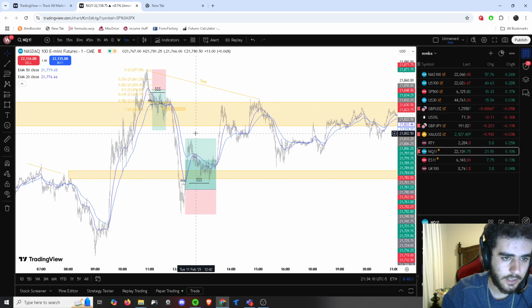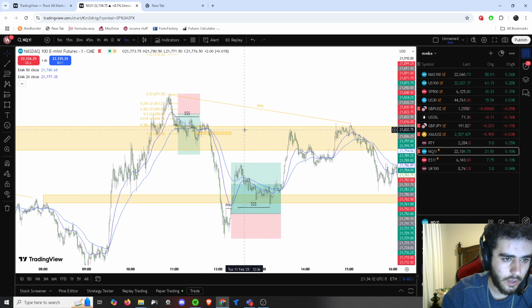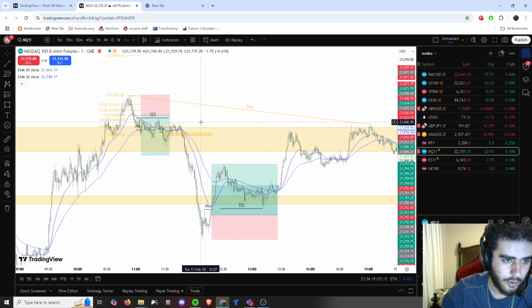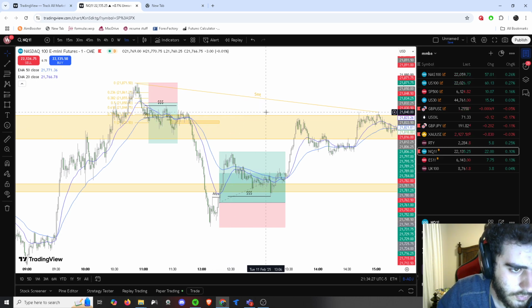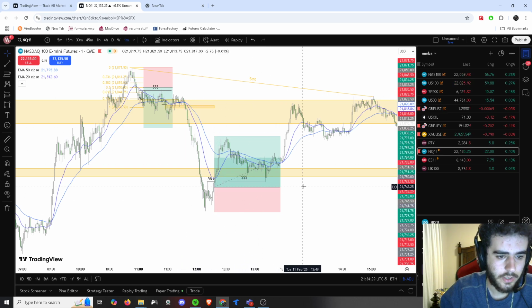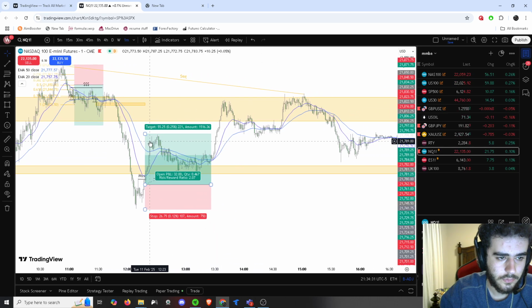We notice that there are no long setups that come in, literally none. No market structure shift, and then a move down, strong move down. Market structure shift, never tapped in. Target a 1 to 2.